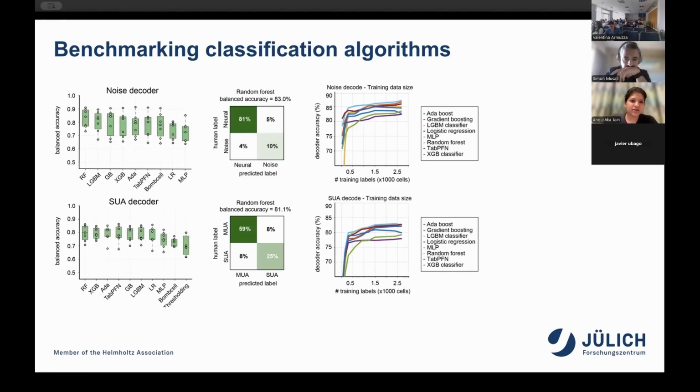In the API of UnitRefine, you can give it a list of classifiers, and say, I want to compare random forest, AdaBoost, and logistic regression, let's say. Then it would give you an output on which classifier it thinks is the best for your data set.